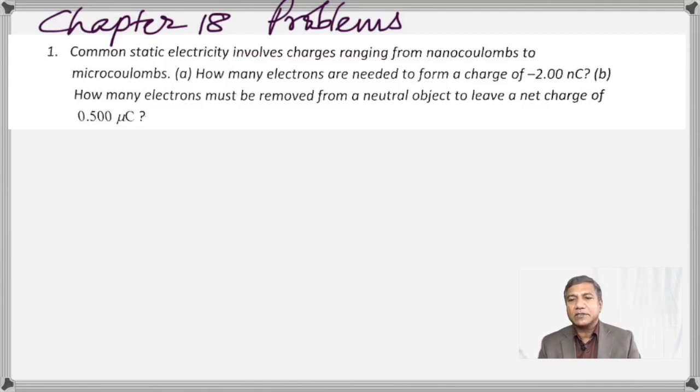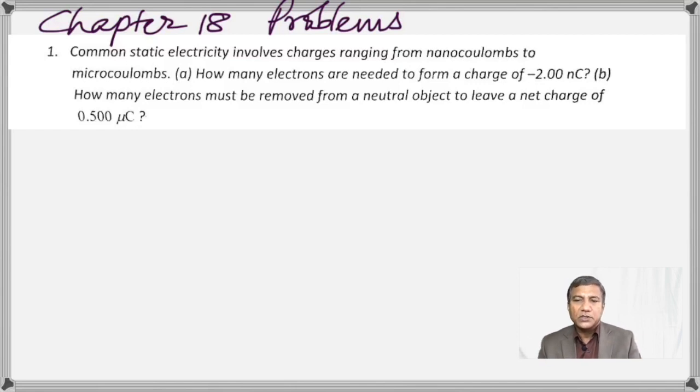And the question says, how many electrons are needed to form a charge of negative 2.00 nanocoulombs? And B, how many electrons must be removed from a neutral object to leave a net charge of 0.500 microcoulomb?